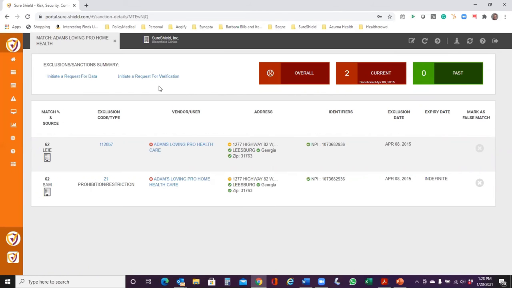We allow you within the system, sometimes you might get a notification on a provider, and while you're checking against this, it's not uncommon every once in a while for there to be some mismatches.